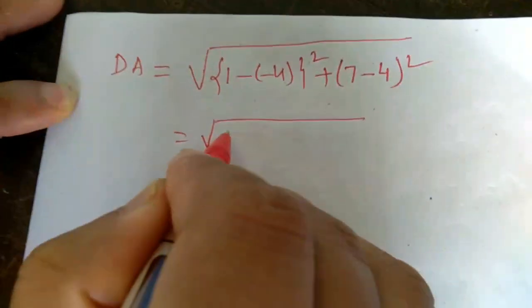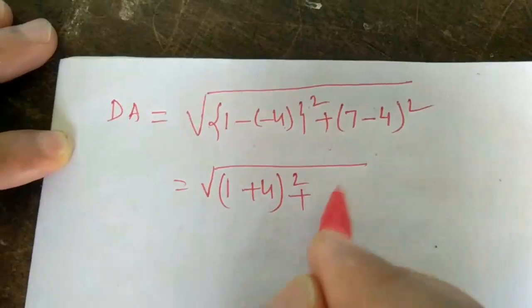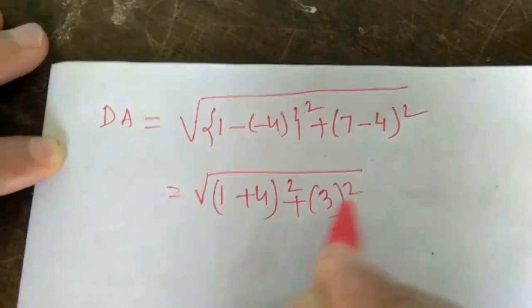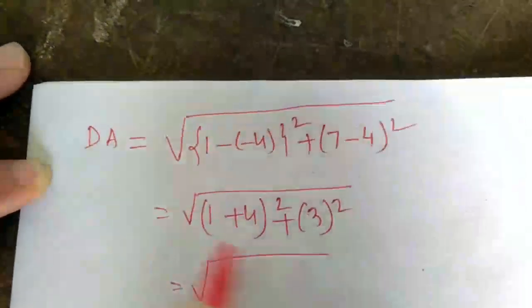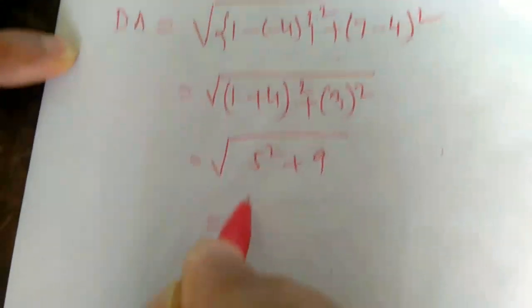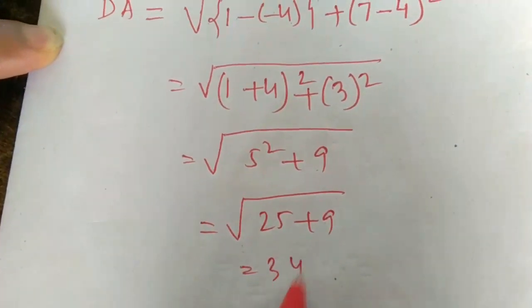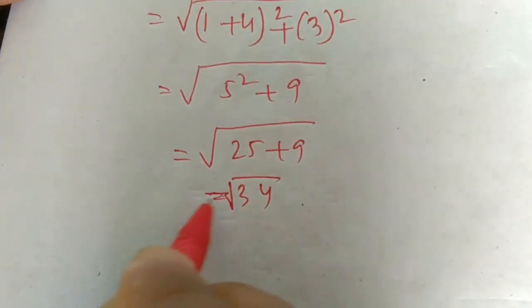Root over 1 minus 4 whole square, 7 minus 4 is 3 square, 1 minus 4 is 5 square. 3 3 is 9, 5 5 is 25, 25 plus 9 equal to root over 34. So you got all the sides AB, BC, CD, DA equal.